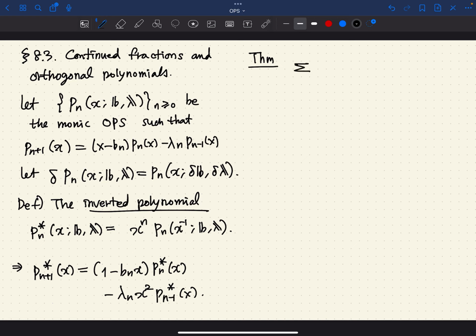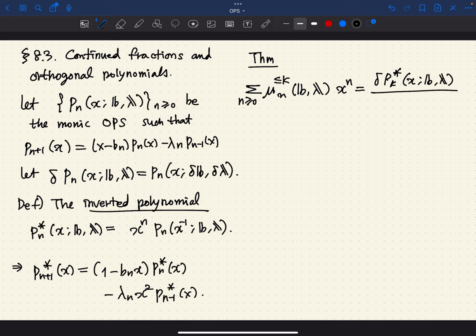The generating function for this bounded Motzkin path, b and lambda, is equal to, maybe I'm going to use this simple, so it's just a ratio of two inverted polynomials with index shifted by 1 and then this shifted like this. So very simple formula.